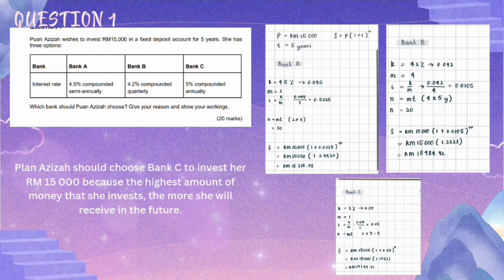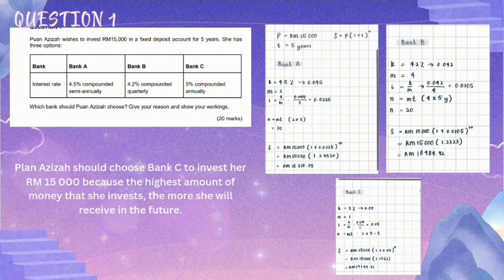We get S equals 18,484.92. For Bank C, P equals 15,000, t equals 5 years, k equals 5%, which we change into decimal, we get 0.05. m equals 1, and i is k over m, 0.05 over 1, so i equals 0.05. n equals mt, which is 1 multiplied by 5, so n equals 5.